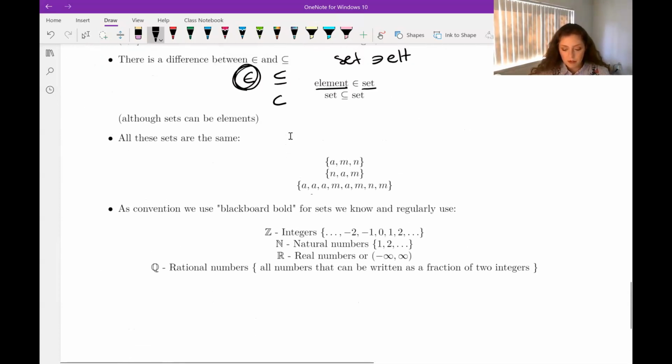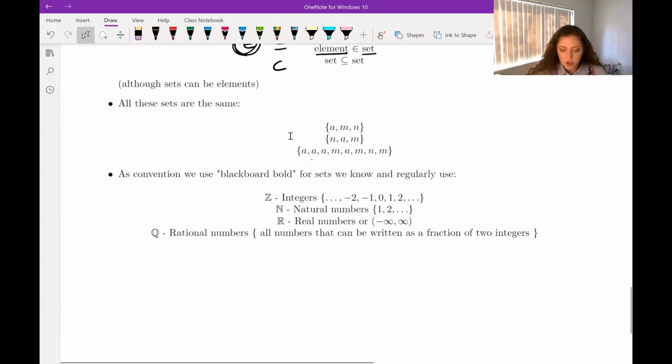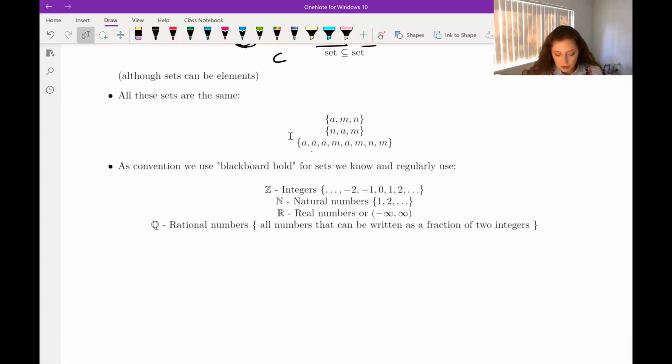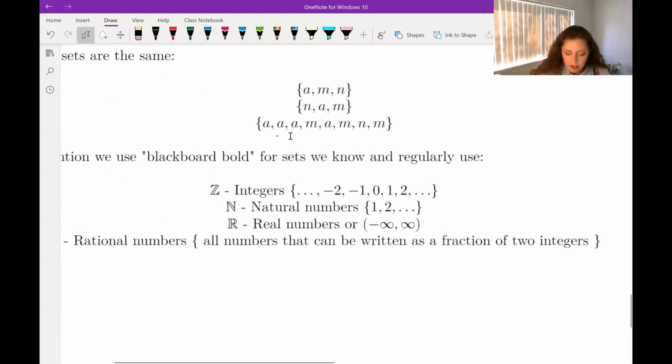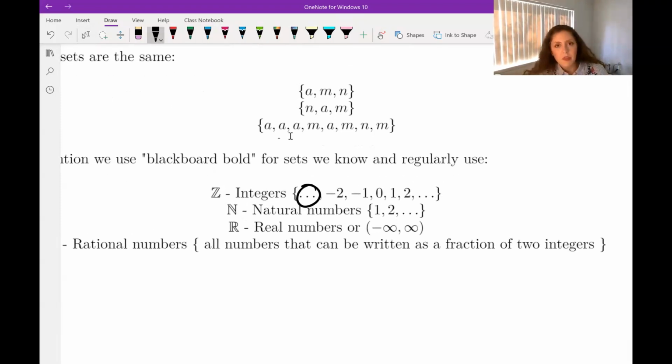As convention, we use what's called blackboard bold for sets we know and regularly use. For example, the integers. Whenever we have this ellipsis happening, that just means it goes on and on with the similar pattern that you saw before.